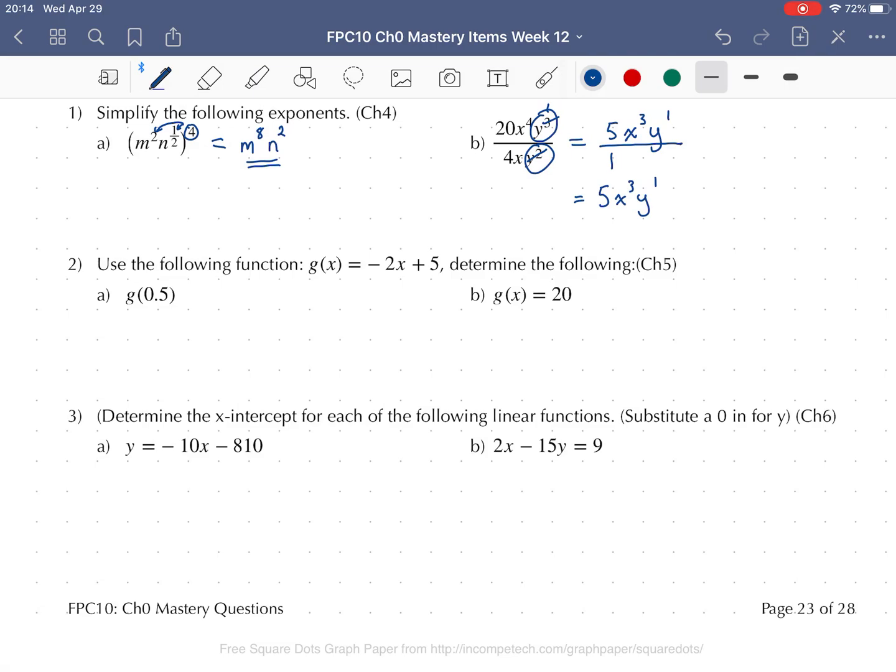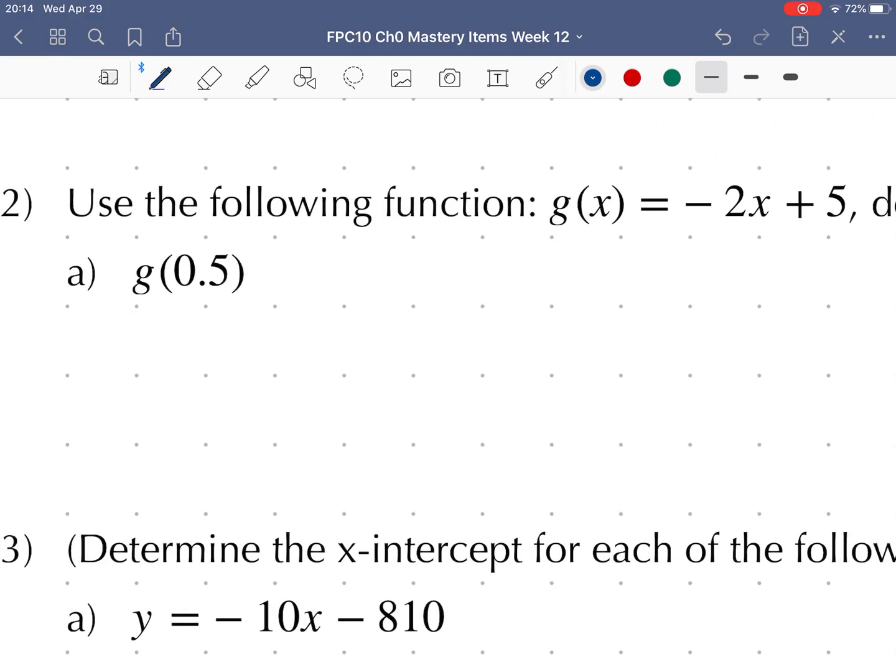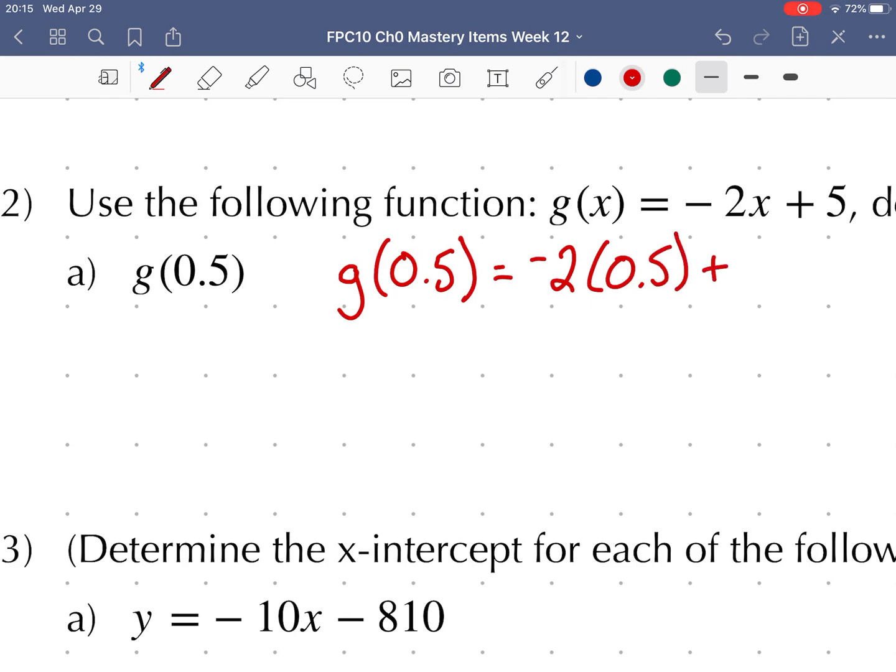Question number 2. Use the following function, g of x equals negative 2x plus 5. Determine the following. Determine the value of the function g when x is 0.5. So, I determine the value of my function g when x is 0.5 by putting 0.5 in for x into the function.